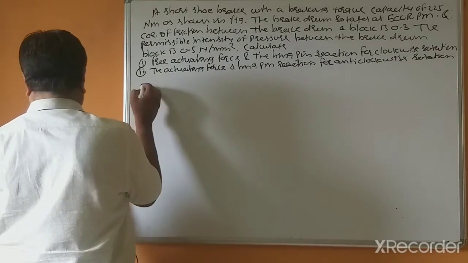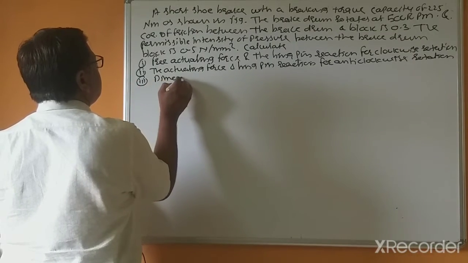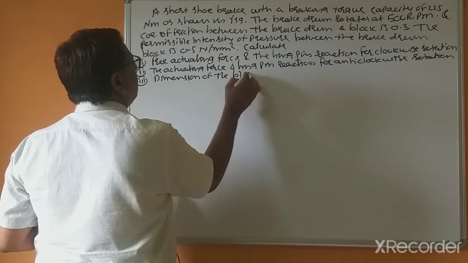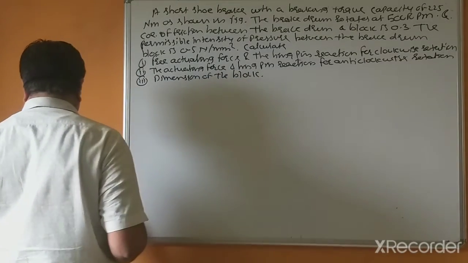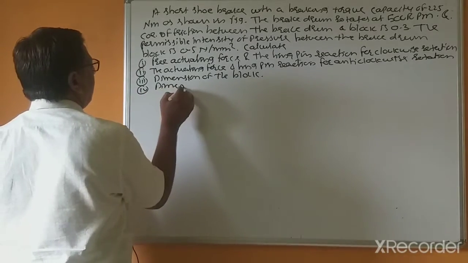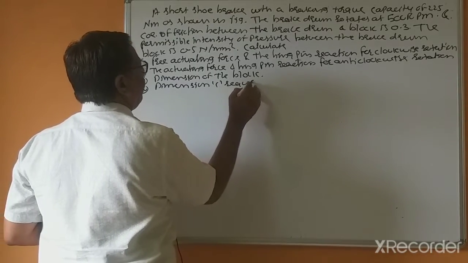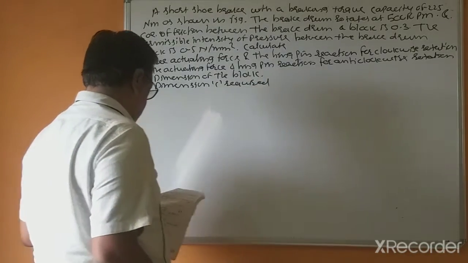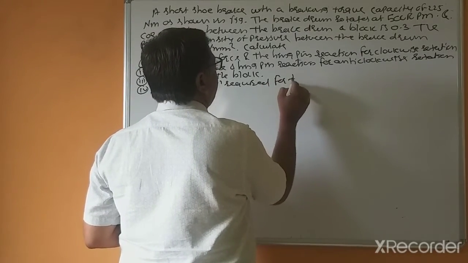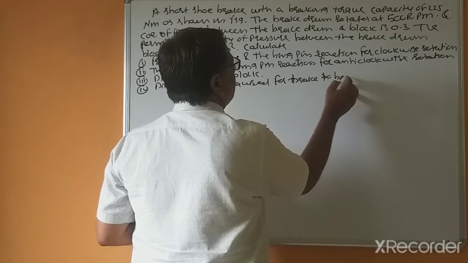Third bit, the dimension of the block, dimension C, required for the brake to be self-locking.